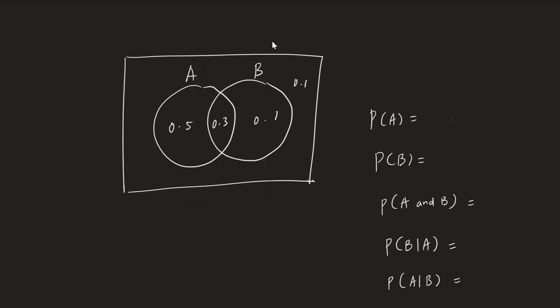Okay, and then probability of B is 0.4. Okay, I agree. And then probability of A and B. Hold on.